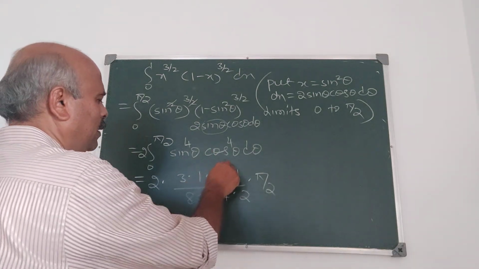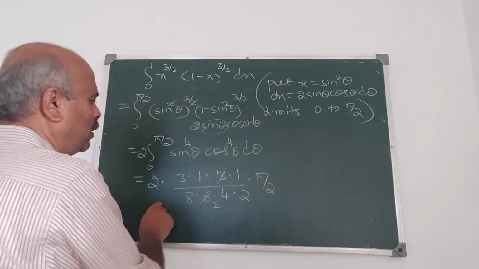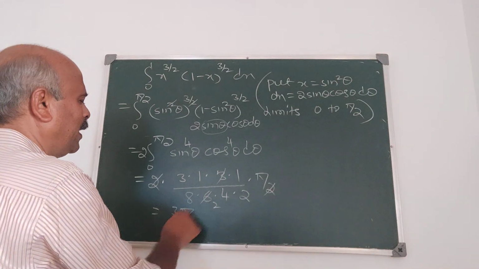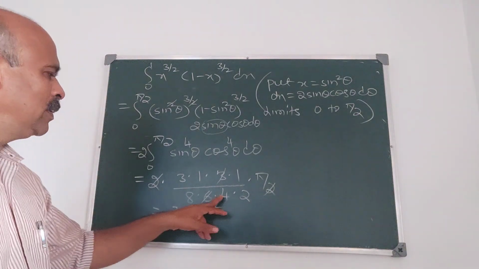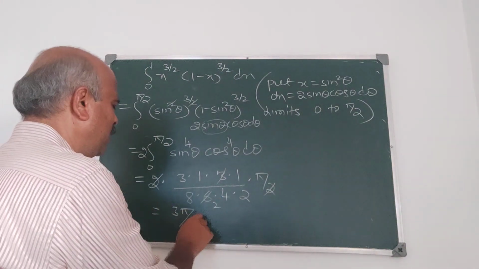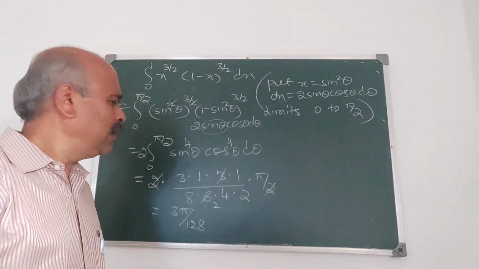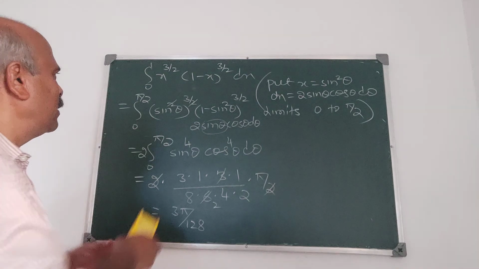Now simplify, the 2 cancels, so it is 3 pi by 128. Am I correct? Verify. 3 pi by 128, that is the answer.